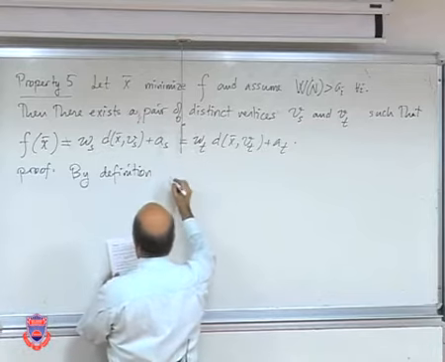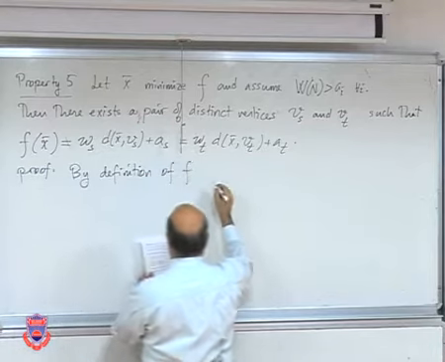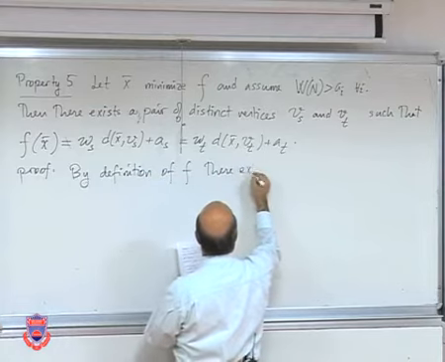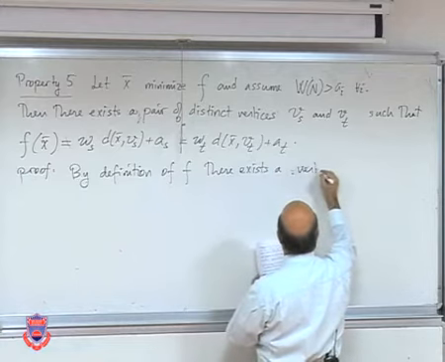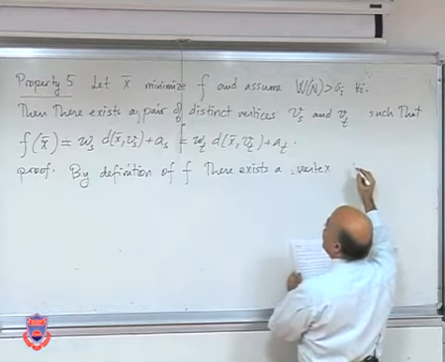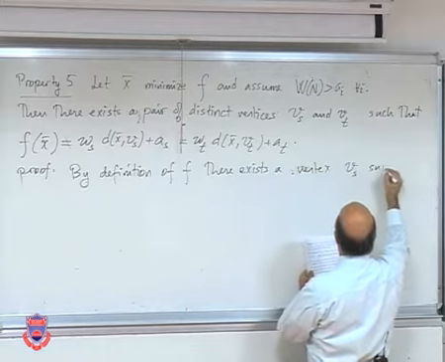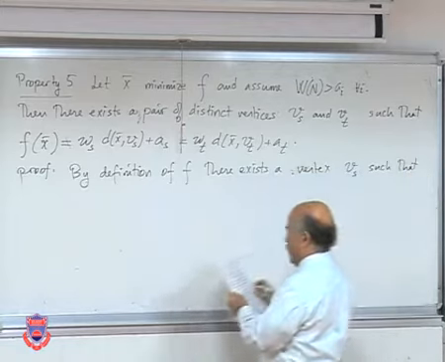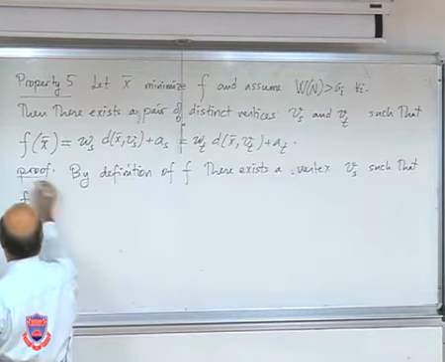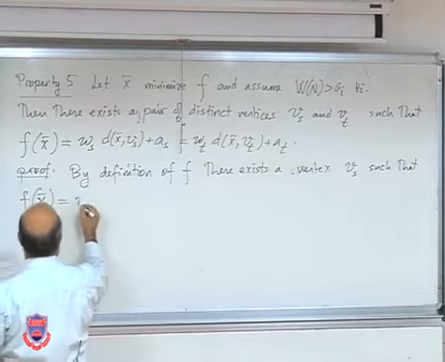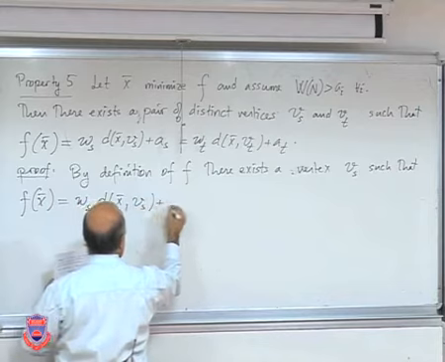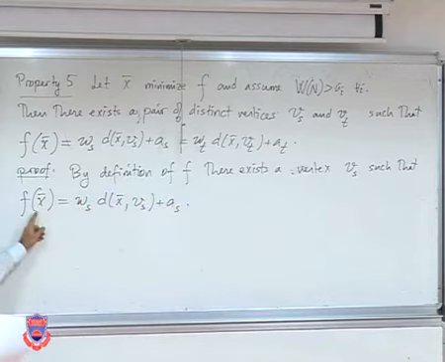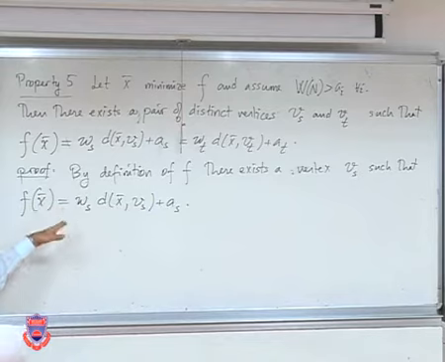By definition of the function f, there exists a node or a vertex Vs such that the value of f is defined by that particular weighted distance. F of x is the maximum of weighted distances plus the addends, so it should be realized by some index s. Okay, that's all.